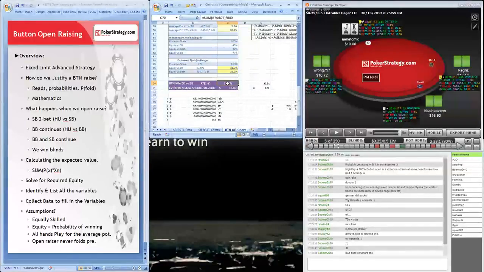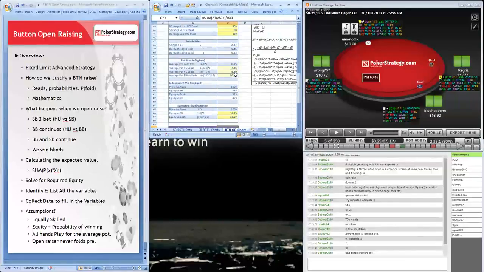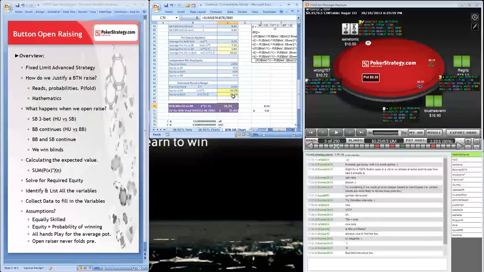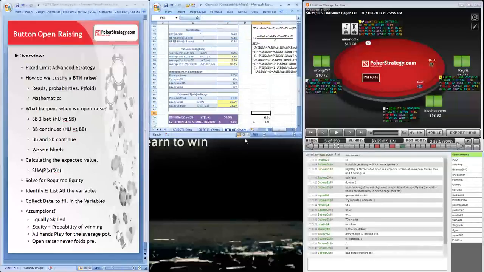So what we can see here is that the probability that the small blind decides to enter the pot plays a big role in how much equity we need to have against the big blind when we work this out, right? What this would also mean is that we have less equity against him, so we would have to change that. Maybe we would have just 29% equity or something, right? And you can see it's very dynamic, right? These things are all very interrelated.